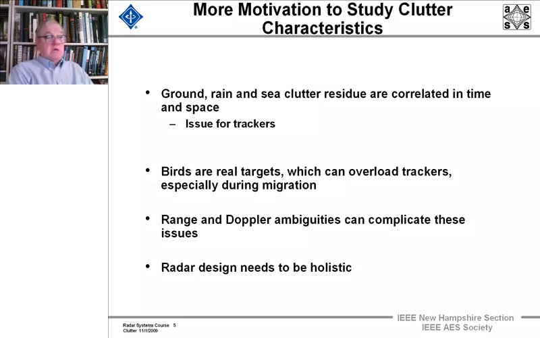And if birds can be seen by single-engine Piper Cherokees, they're the same order of magnitude. When you make targets very small, birds are going to be a significant false target issue. And that again says that the radar design needs to be holistic, taking into account many different coinciding constraints when you design the radar.